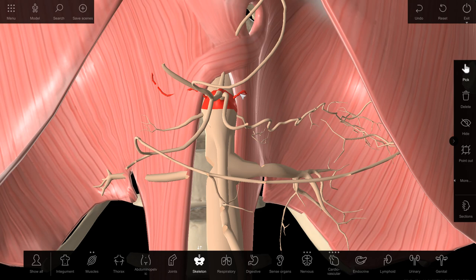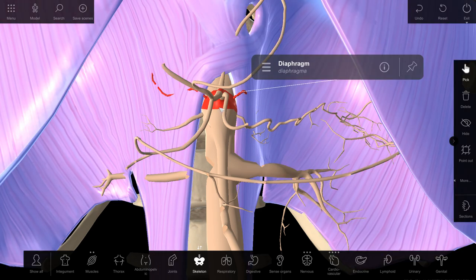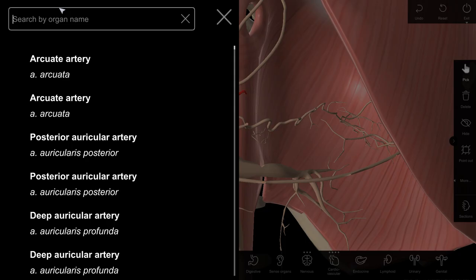So inferior diaphragm arteries, they are parietal branches. And then we have read that there are also lumbar arteries.